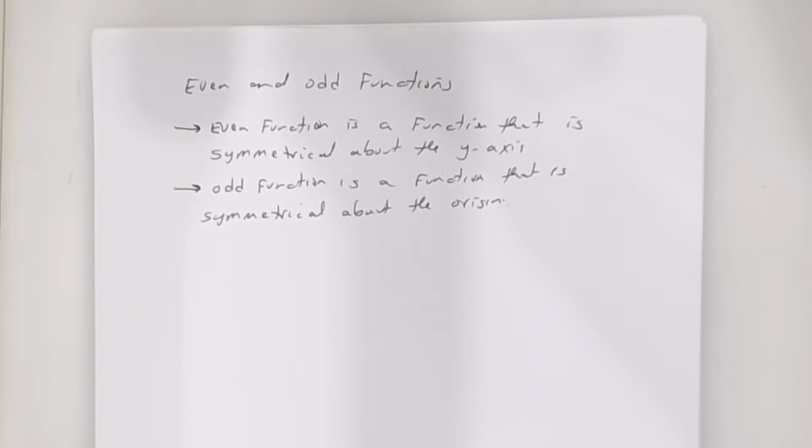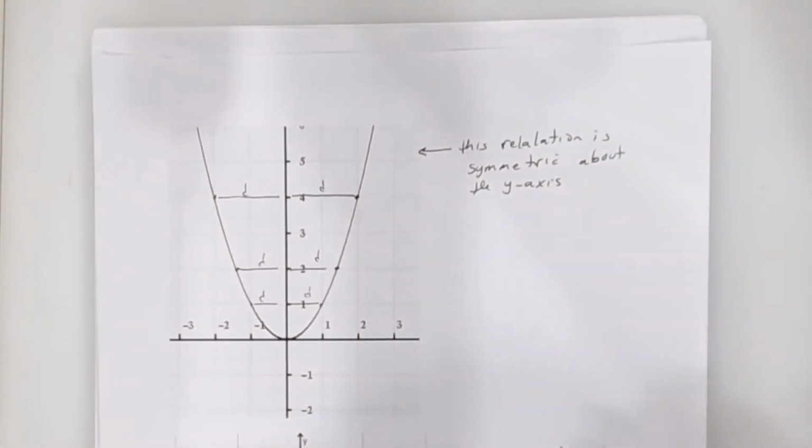So if I go back to that parabola we did earlier, the very first one, what can you tell me about whether this is an even, odd, or neither even or odd? Even. It's even. Why is it even?